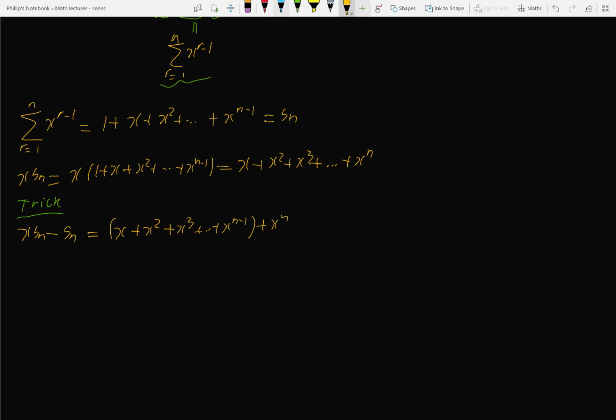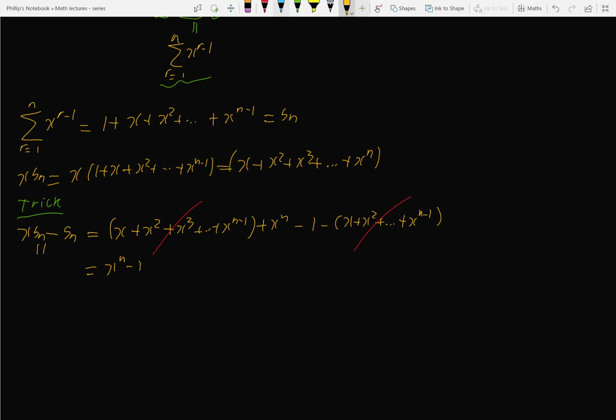Keep what's not common outside. So this is that whole thing given there. Then we're going to subtract this whole thing. So we're going to subtract 1, because that's not in there, but then we're going to subtract x plus x squared, all the way to x to the n minus 1. We take these terms, they cancel out, and we're just left with x to the n minus 1.